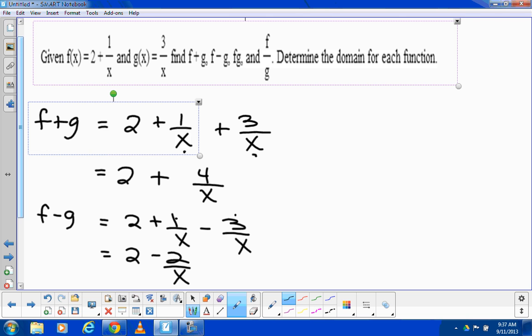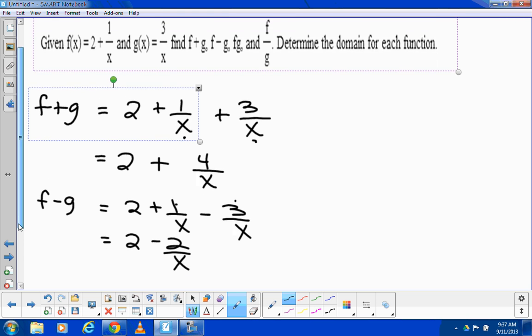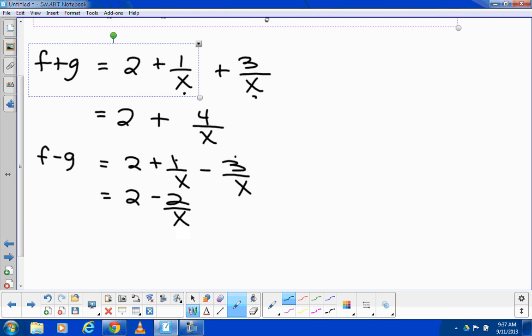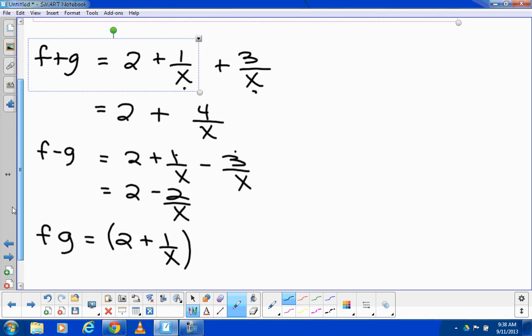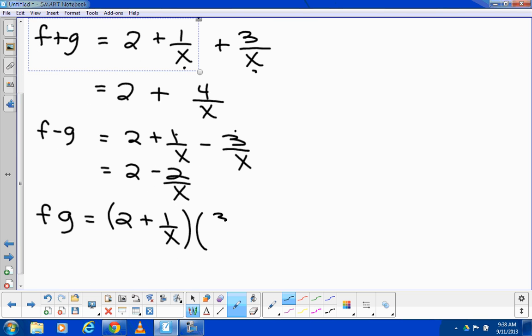Now let's do f times g. This might be a little bit challenging right here. So f times g. Let's see, f was 2 plus 1 over x. All right, what was g? Was it 3 over x? Okay. Now, this would just be distributing, right?